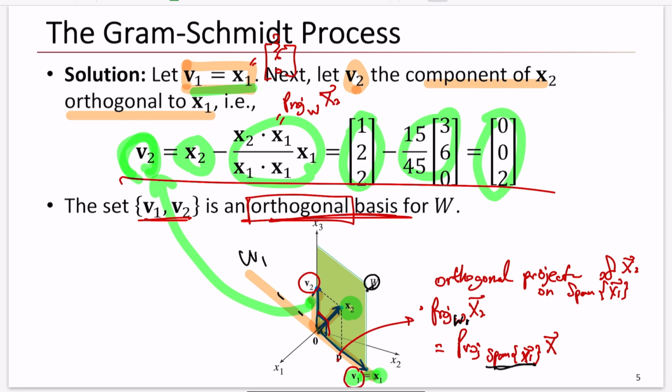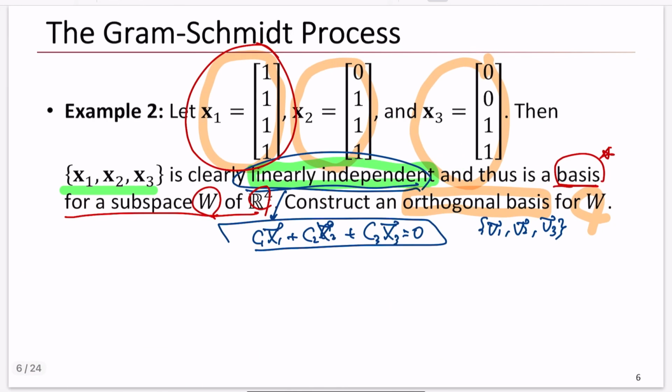So V2 is x2 minus the orthogonal projection of x2 onto W1, where W1 is the line defined by V1 or x1. By using this, V1 and V2 are orthogonal to each other, and V1 and V2 span the space spanned by x1, x2. So V1 and V2 form the orthogonal basis.